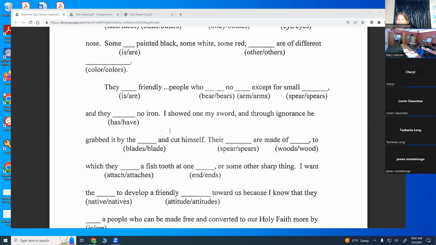Their spears are made of wood, to which they attach a fish tooth at one end and some other sharp thing.